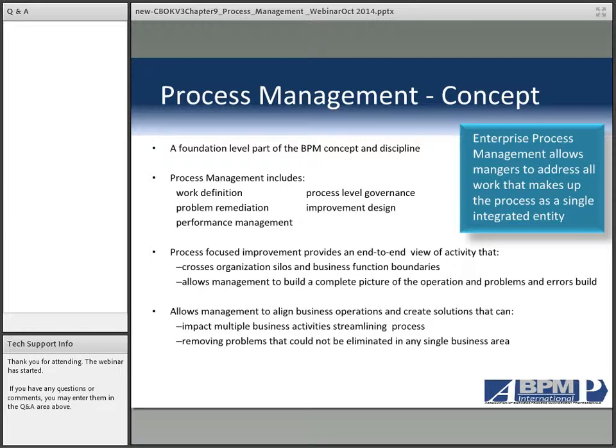So, when you start to have an end-to-end view of activity, you can now have, really for the first time, a complete picture of how all that activity comes together to deliver the service or the end product to the customer.